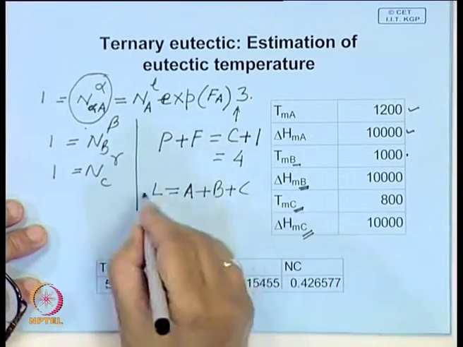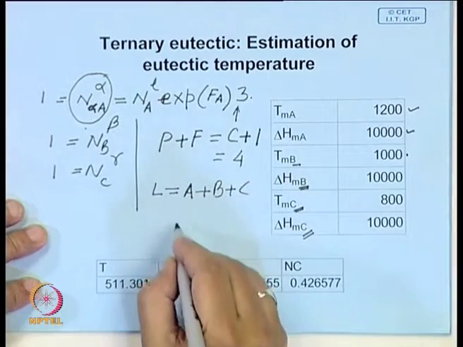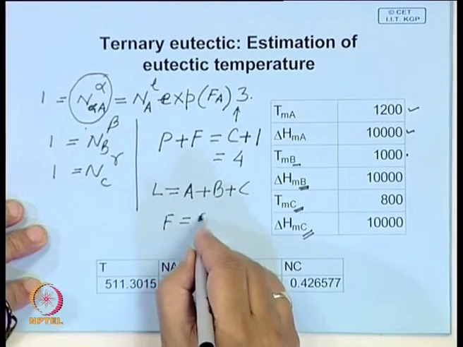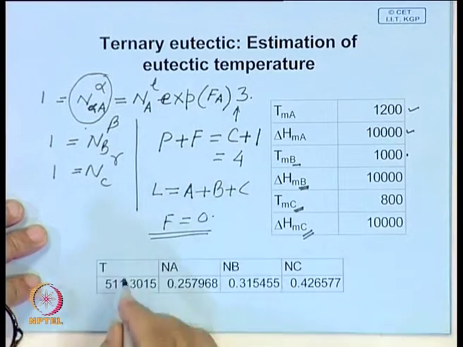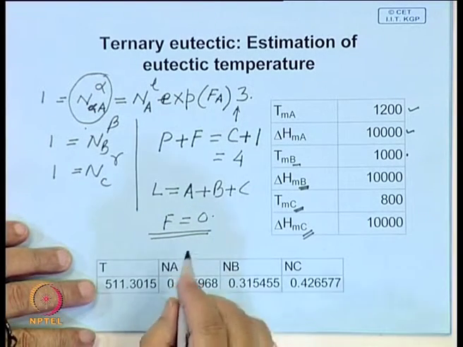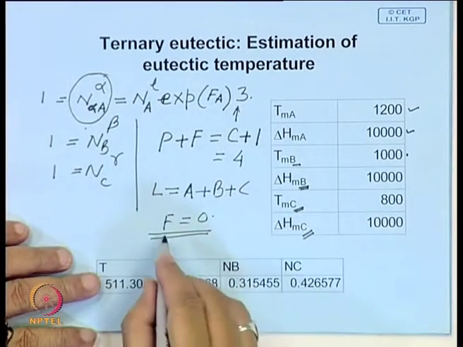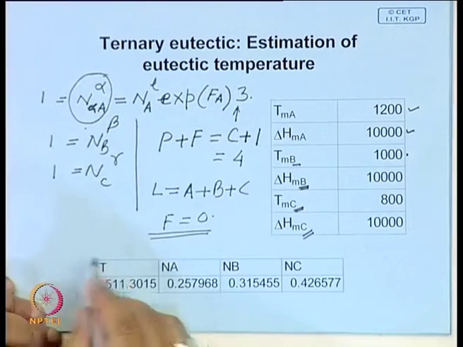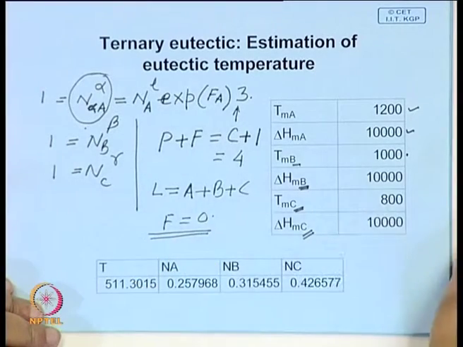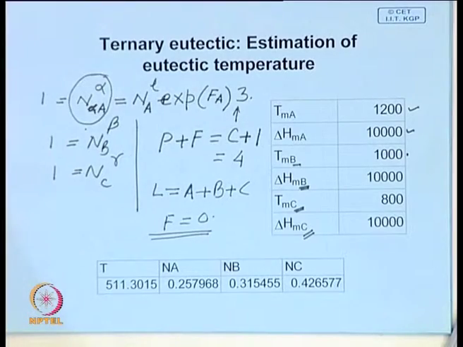So, you have a situation where 4 phases are coexisting. Therefore, degree of freedom equals 0. That means this can happen only if the temperature is fixed, and therefore it should be possible to calculate the temperature in principle, and this is what is shown over here.